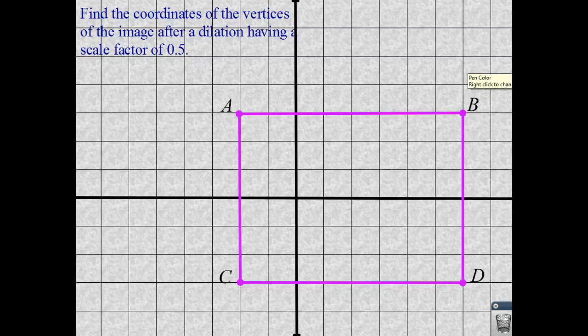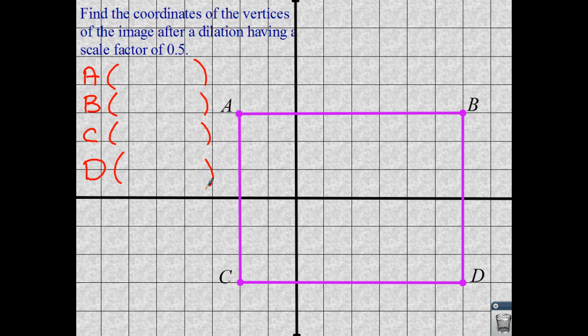All right, first step, let's get the original ordered pairs. A, B, C, and D. All right, so A is -2, +3.